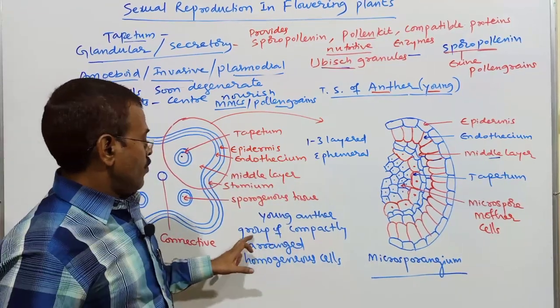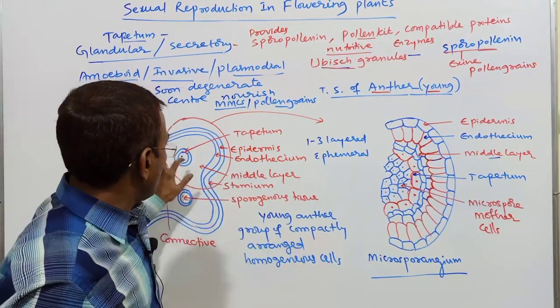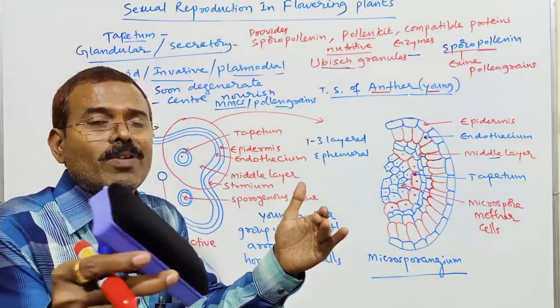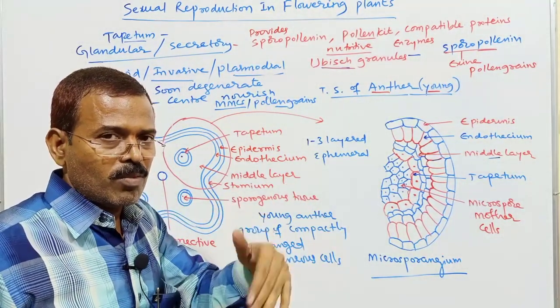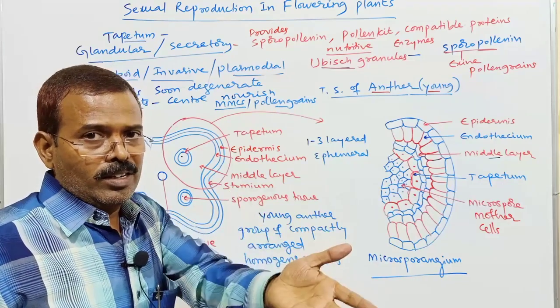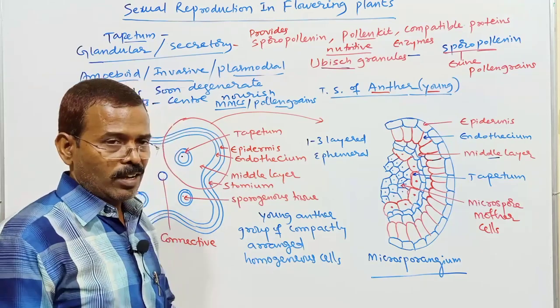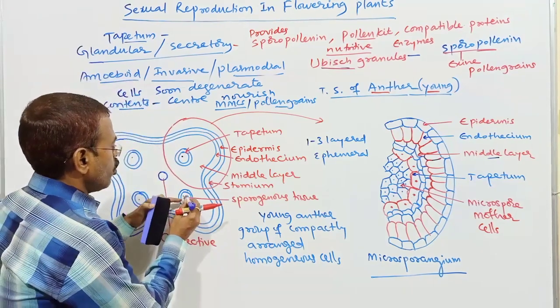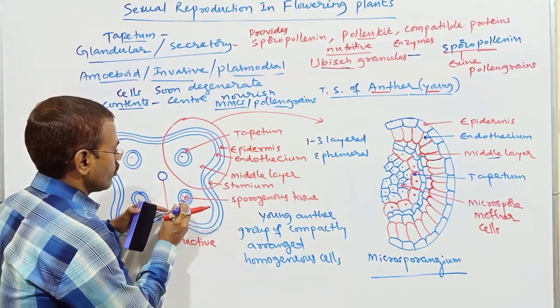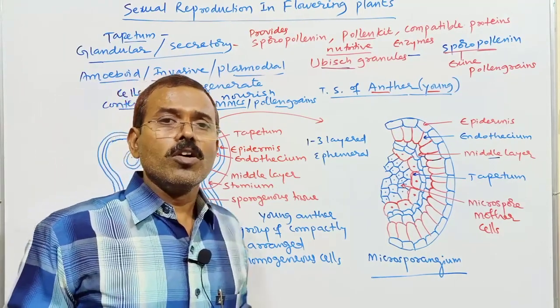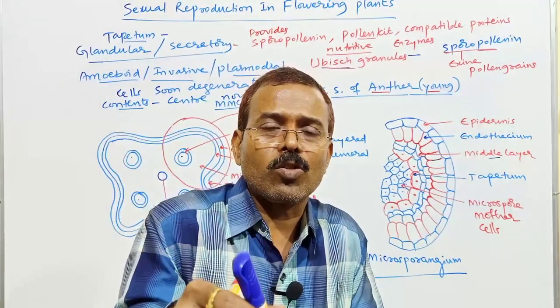It is a group of compactly arranged, closely packed homogeneous cells. These are meristematic cells, so they are capable of undergoing cell division. So a group of compactly arranged homogeneous cells, that we call sporogenous tissue, present in the center of a microsporangium.